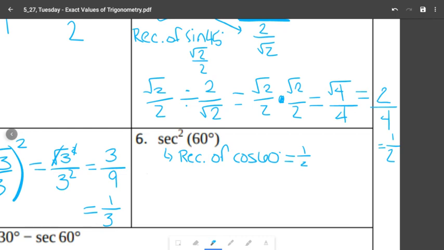So that means secant of 60 is 2 over 1, which is 2. But this needs to get squared. It said secant squared. So 2 squared, you should get 4 as your final answer.